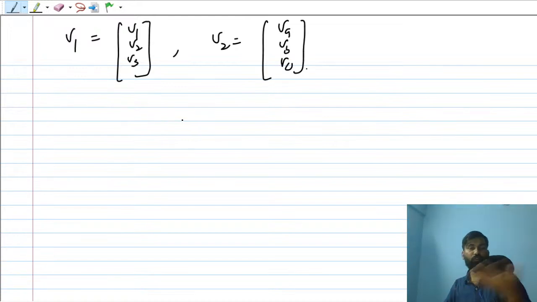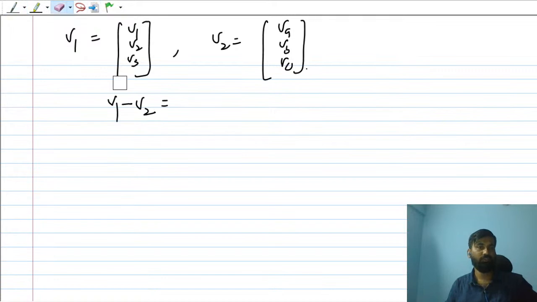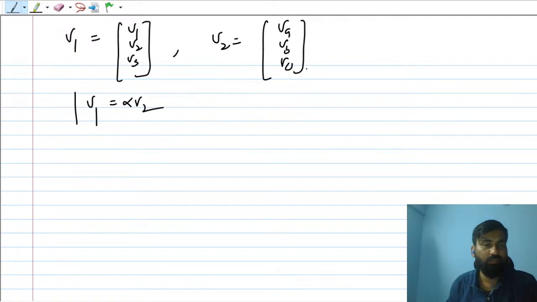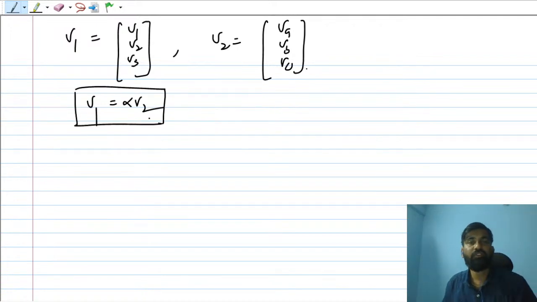If you take the difference between the two, there will be some error, you can say v1 minus v2. So there will be some error, right. So you can say that one vector v1 is alpha times v2, okay. V1 is alpha times v2.